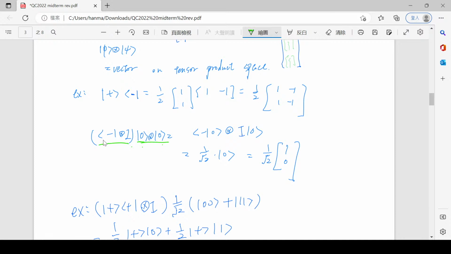The first slot interacts with the first slot, and the second slot interacts with the second slot. The first slot has this minus bra multiplied with this 0 ket, which becomes a number, and in the second slot you just have the identity multiplied by 0. The first slot of the tensor product becomes a number, so it just disappears.